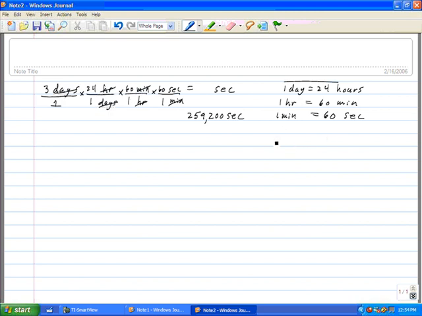For example, we know that there are 3 feet in 1 yard, and 12 inches in 1 foot. So if we had 2.8 cubic yards, and we wanted to convert that to cubic inches, we could do that.